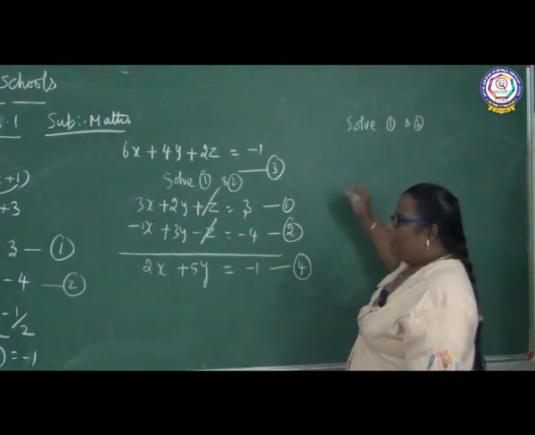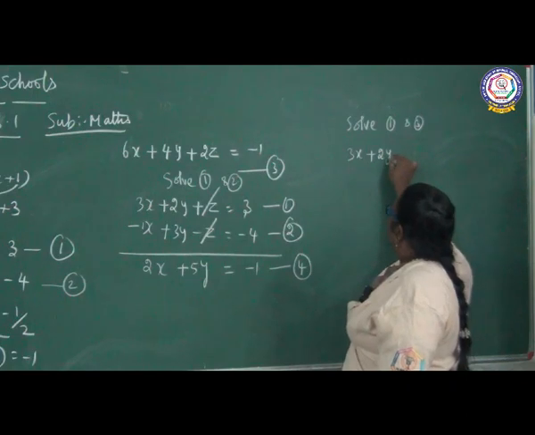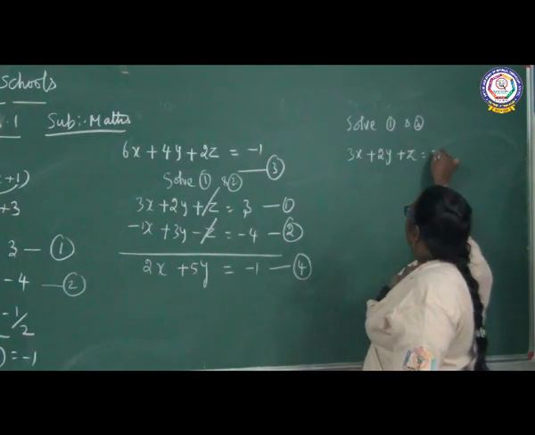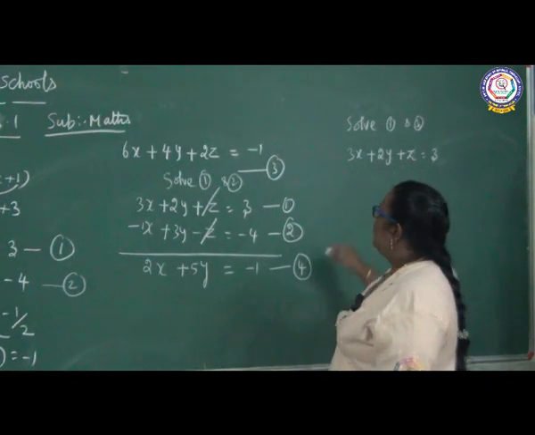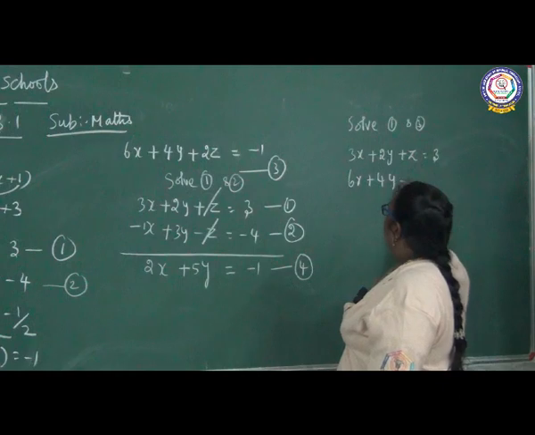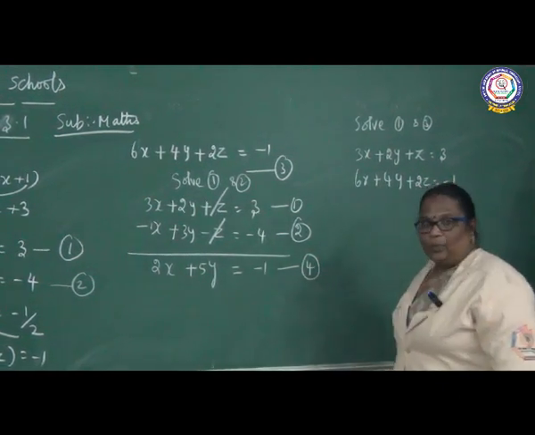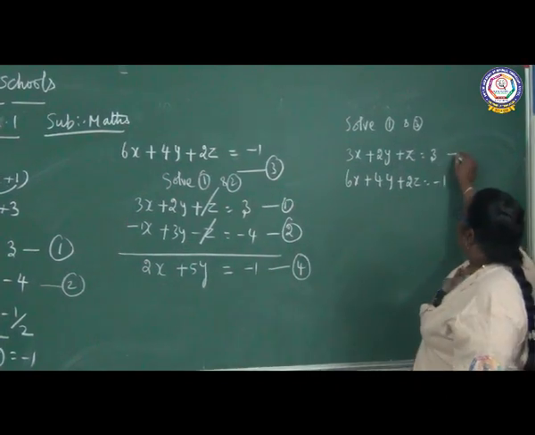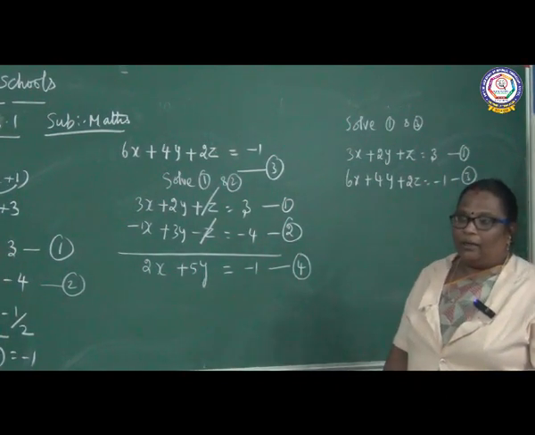What is the first equation here? 3x plus 2y plus z equal to 3. What is the third equation? 6x plus 4y plus 2z equal to minus 1.